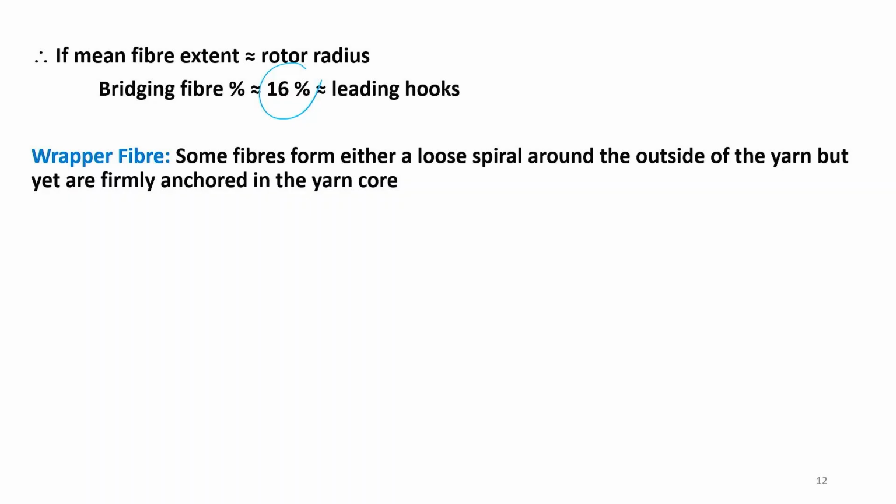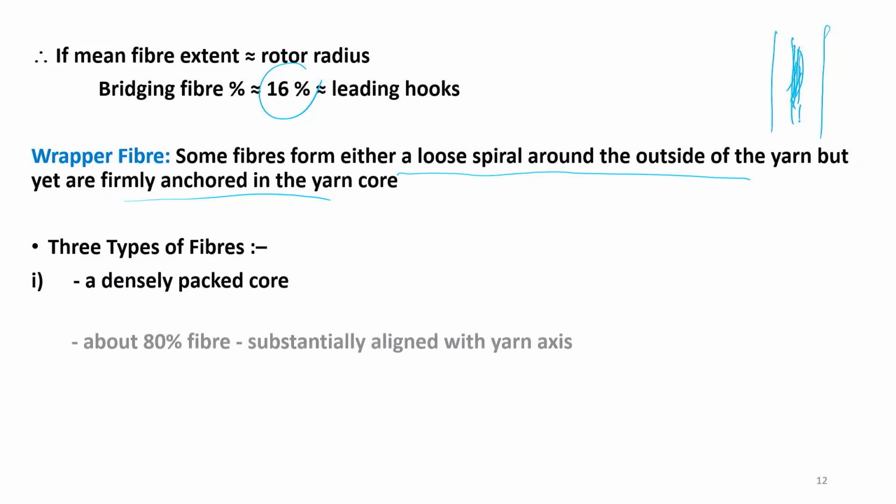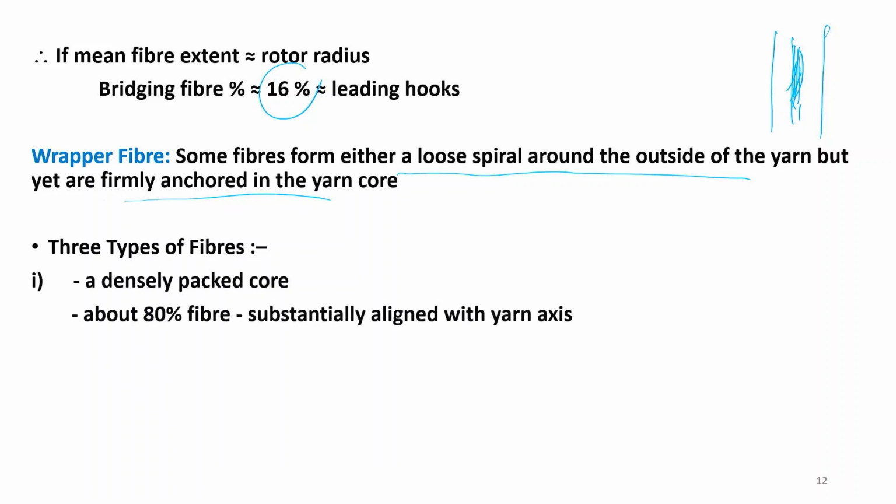The wrapper fibers are there, either a loose spiral around the outside of the yarn, yet firmly anchored on the yarn core. These are the wrapper fibers. In the rotor yarn structure we have three types of fibers. One is densely packed core fibers, about 80% of the fibers substantially aligned with the yarn.